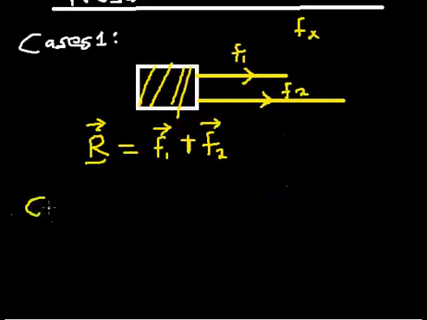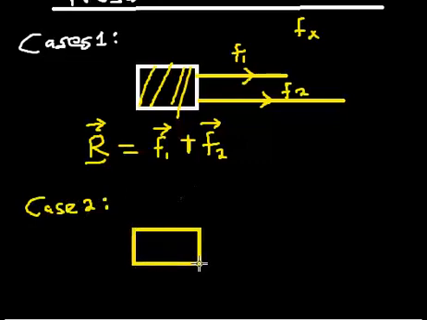Now let's look at case 2. In case 2, you have these two vectors acting in opposite directions. One is positive i, the other one is negative i.